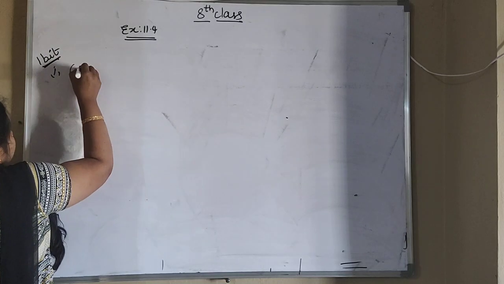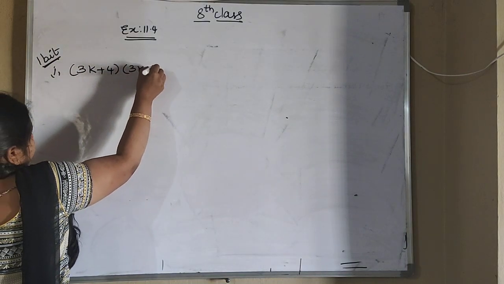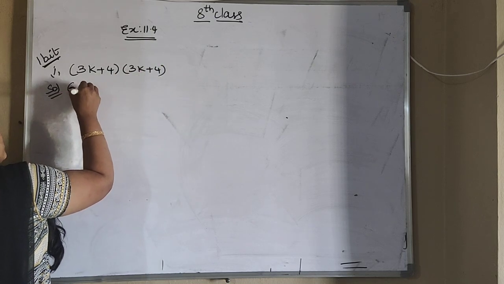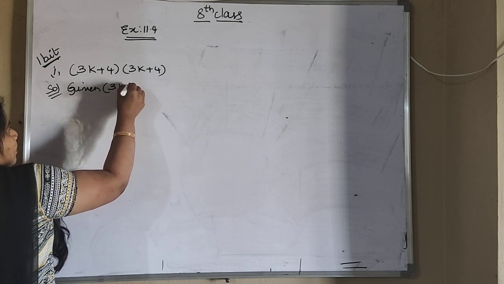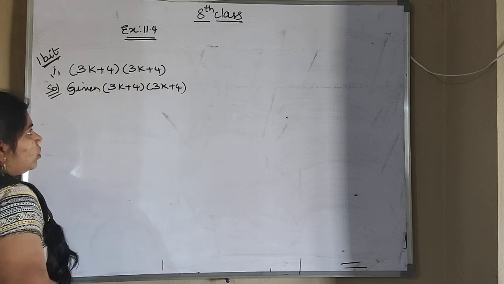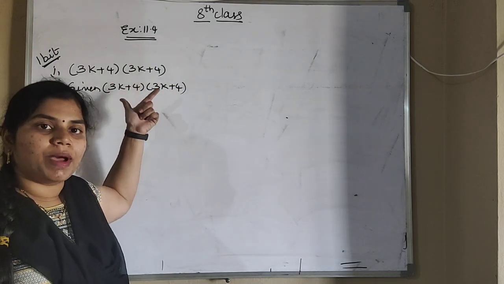That is 3k plus 4 into 3k plus 4. Here I am using the identity, I am not multiplying the terms. Both are the same algebraic expressions, both are binomials.